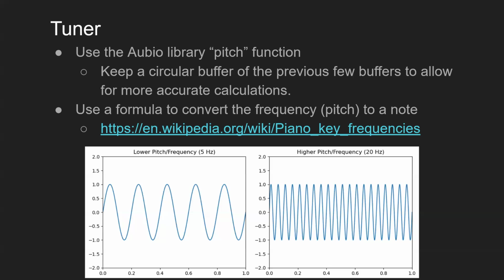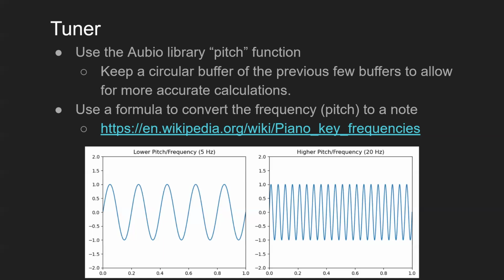And then what I wanted to do was convert that frequency into essentially piano keys. Wikipedia actually has a really good formula for it that works super well, so I cited them and used their formula. What we're doing here is computing the frequency, then determining which pitch it is, and telling the user if they should go a little bit higher or lower.